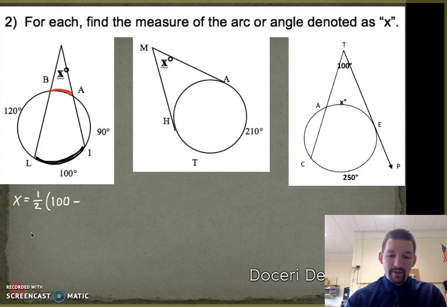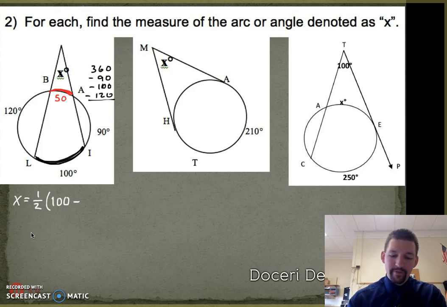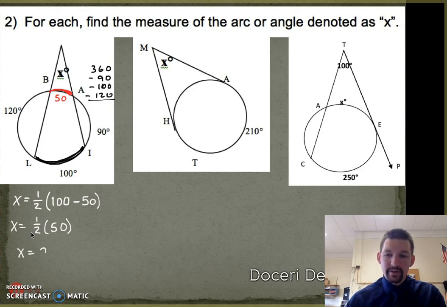Well, they didn't give us that, so I'm going to have to do 360 minus 90 minus 100 minus 120 to get that last arc. So I would subtract everything from 360, and I will end up with an arc measure up here of 50. So when I plug that in, I'm now taking half of 50, so my angle measure will be 25 degrees.